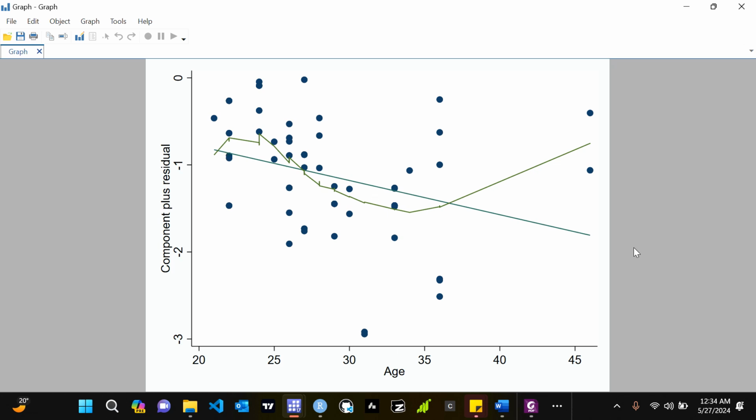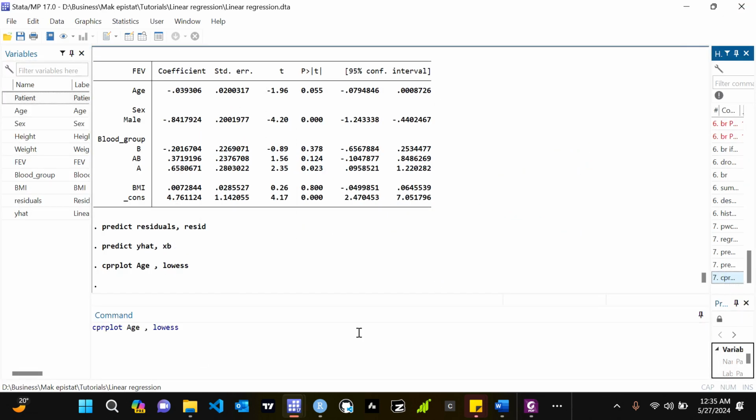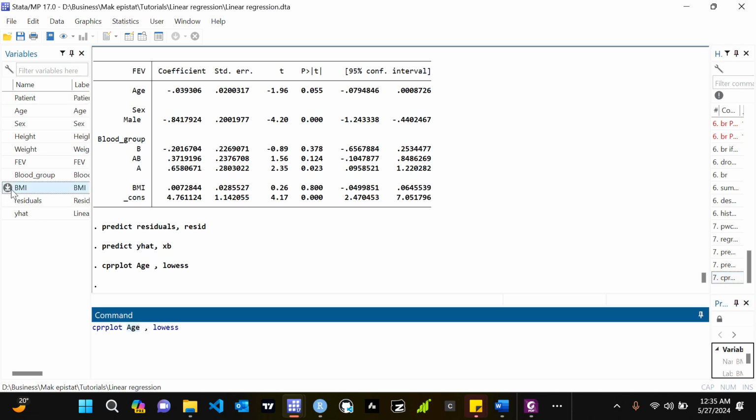This straight line going down is the line of best fit, and this curved thing is the lowess smoother. The lowess smoother is supposed to give us a trend, and in linear regression analysis it is supposed to be a straight line, but here we see that it's moving up and down. So this assumption is violated. Let's do a CPR plot for BMI.